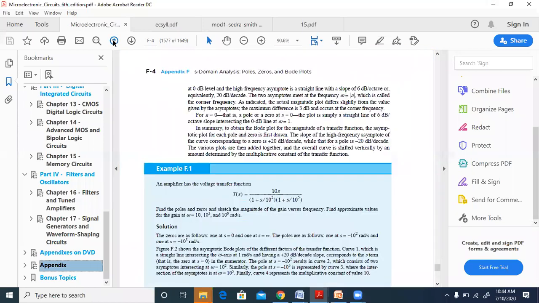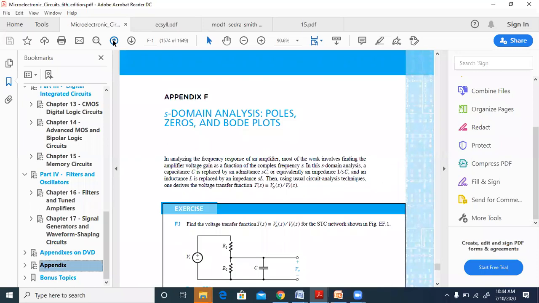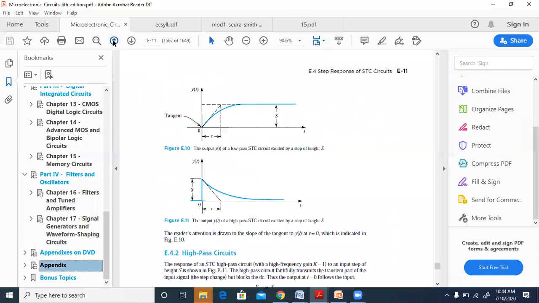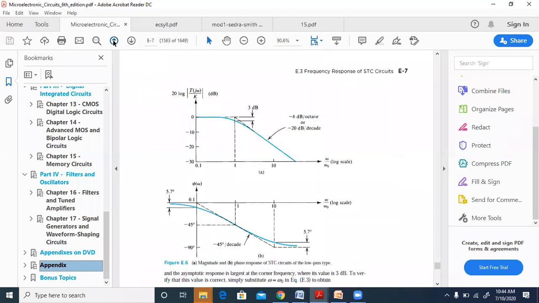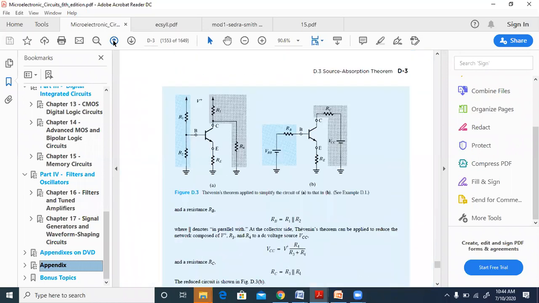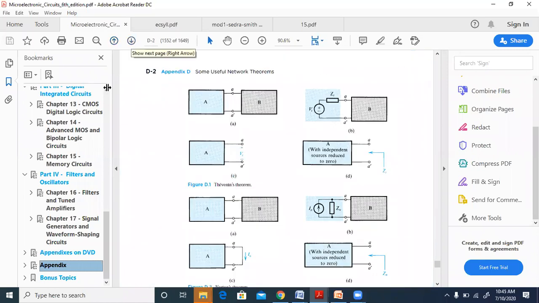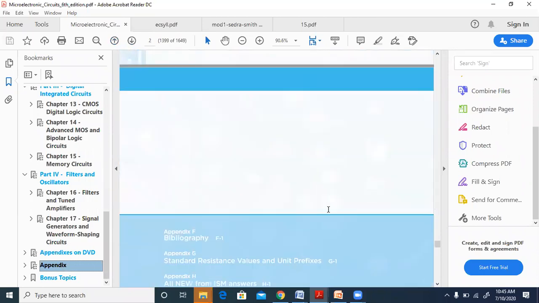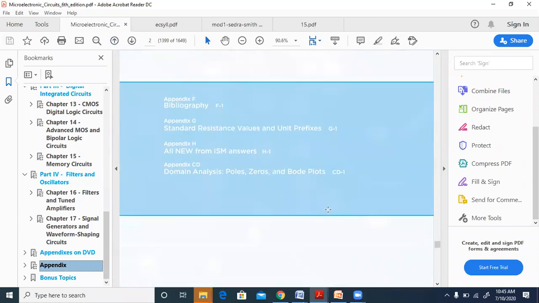Where is the resistor values? No, not here. Standard resistance values and unit prefixes. Here it is, all right. Why is it not showing?